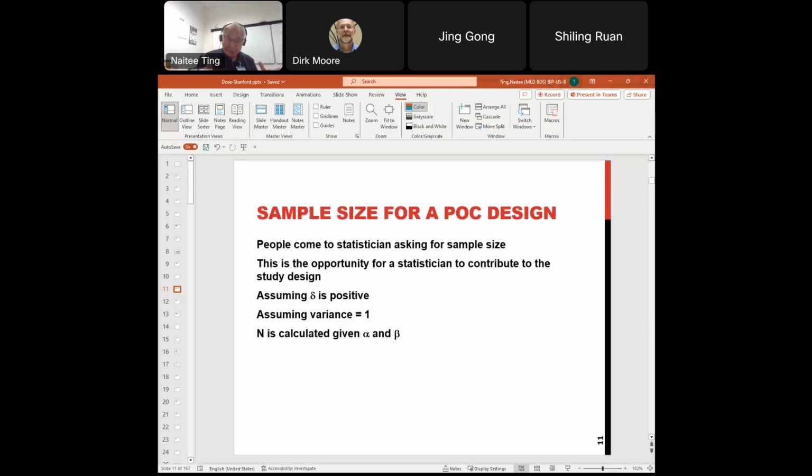Okay, it actually happened. All right. So alpha is the risk of developing a placebo. So beta is a risk of giving up a good drug. So alpha and beta reflect the risk the team is willing to take. All right. Now, what is delta?